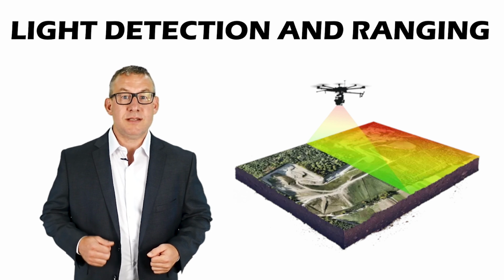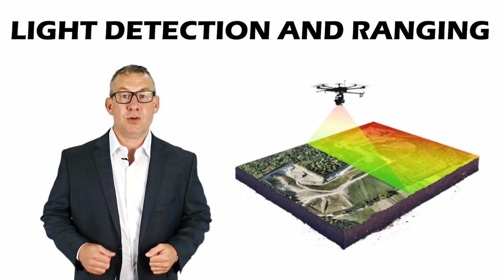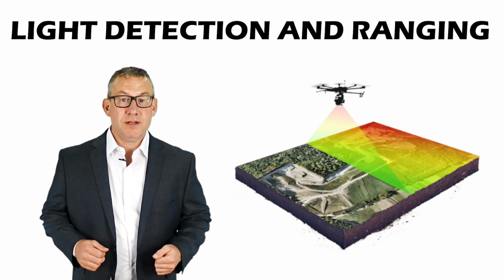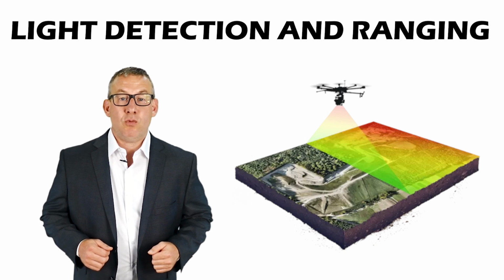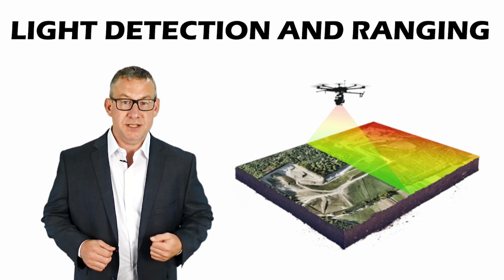LiDAR is a remote sensing method that uses light in the form of pulsed laser to measure ranges on Earth. Raw data is recorded in vector point cloud format. Raw data from LiDAR is often converted to raster form for use in GIS.